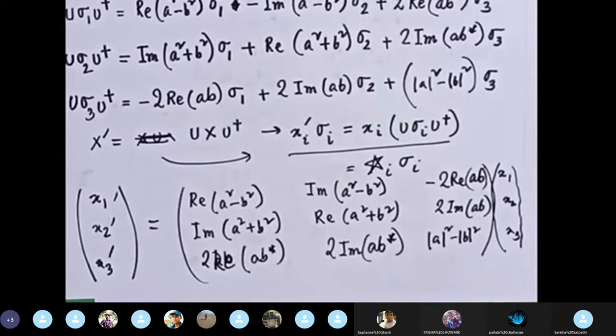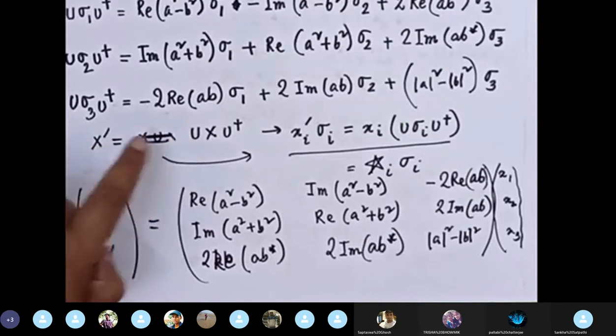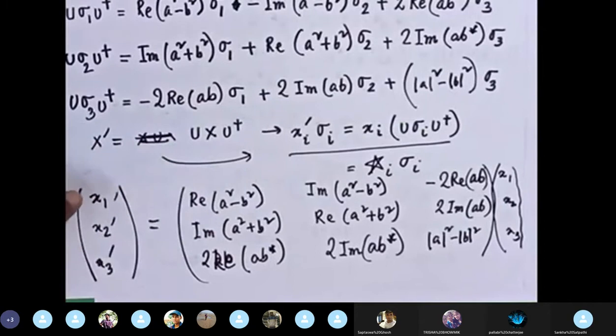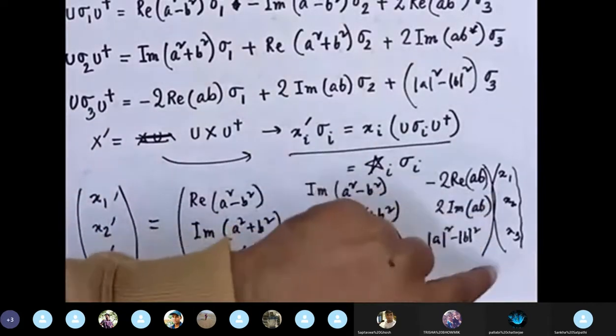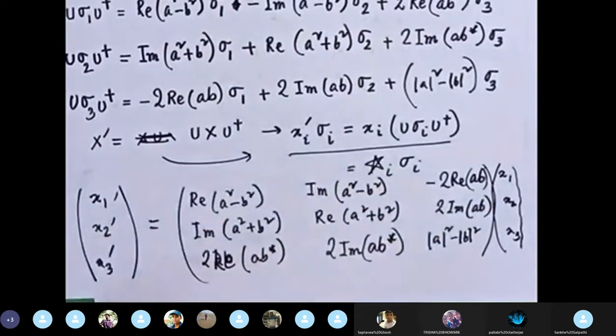So A, B are parameterizing this matrix U. Now, using this relation, I have written x prime, y prime, z prime, this vector, in terms of the untransformed original vector after transformation by this matrix.